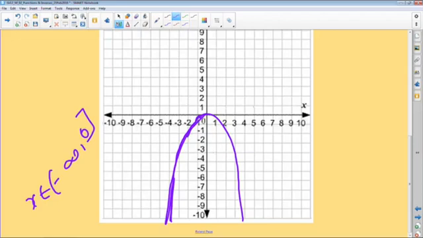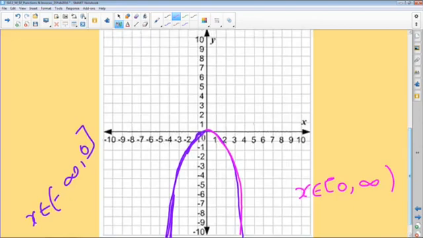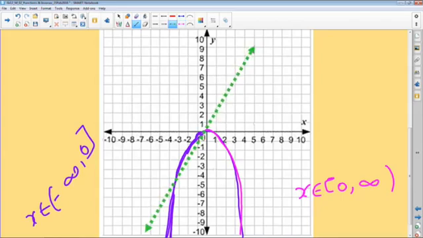Alternatively, you can restrict the domain and say, I just want to deal with this side of the graph. And on that side, x would be an element from naught to positive infinity. And in that case, again, your graph will have an inverse that will also be a function. So what I was talking about before, the line of symmetry, which is y is equal to x, I'm going to put that line into our graph, and remember your two lines are symmetrical about the line y is equal to x.